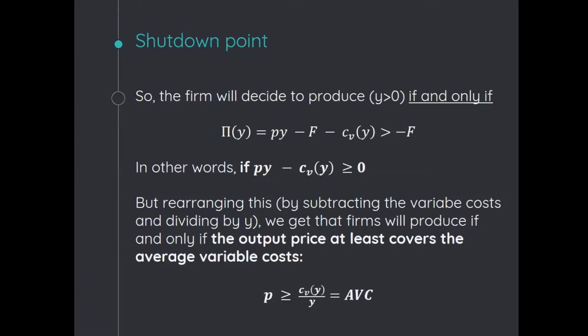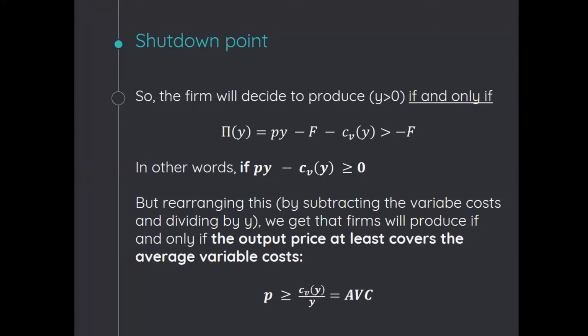So you will produce any positive number of units only if this inequality holds, if producing is worthwhile. And if that's the case, you will produce. If not, just cut the losses and absorb the fixed cost and have no one within your factory or your offices for the time being while you restructure the firm.